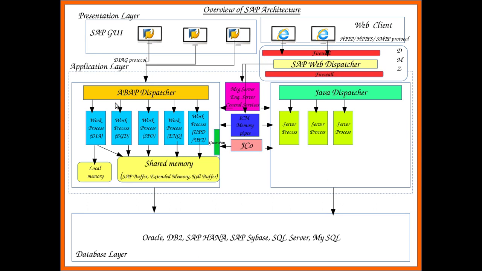In the ABAP instance, the work process is a component of the application server that executes an ABAP application. The SAP work process begins with the system when it is started. Each work process has its own PID, meaning process ID.